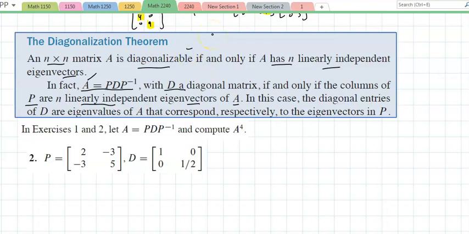Linearly independent is a must. Those vectors cannot be linear combinations of each other. In this case, the diagonal entries of D are eigenvalues, corresponding to the eigenvectors of P respectively.